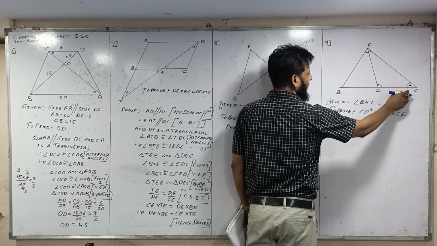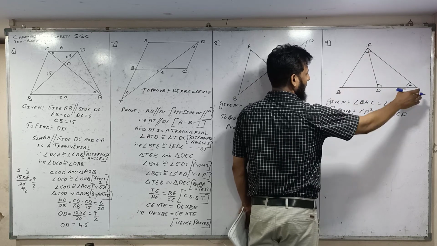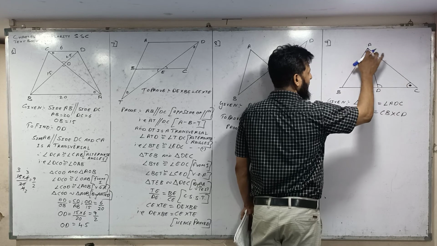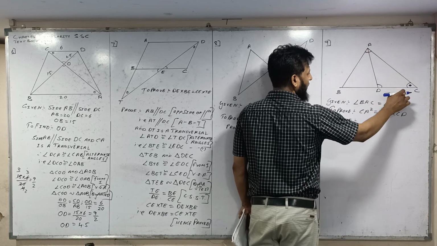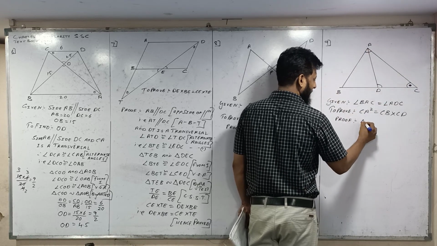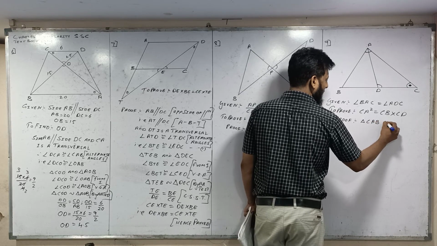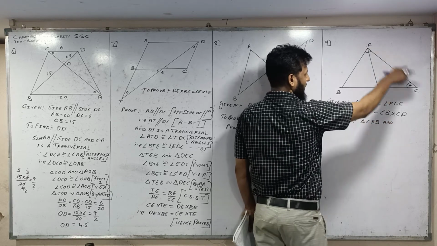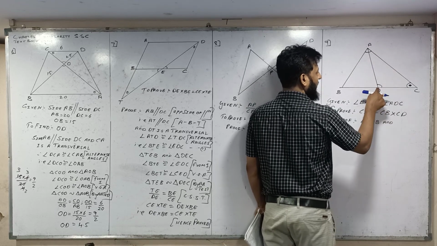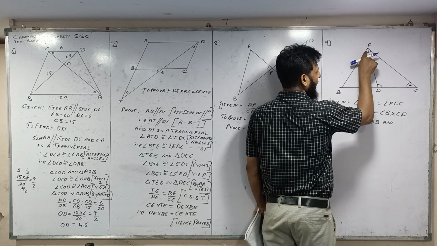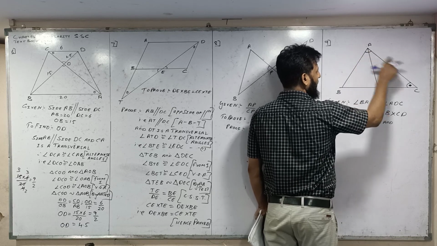C, common angle, then the angle BAC which is given, and then the third angle. I am writing the triangle CAB, and for this triangle I am writing CDA, third angle.